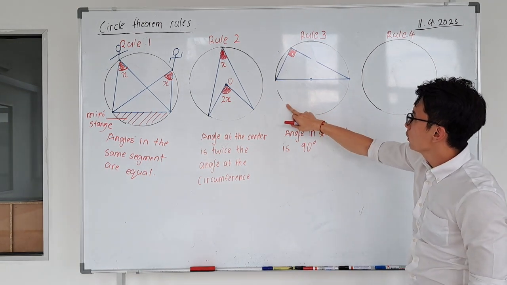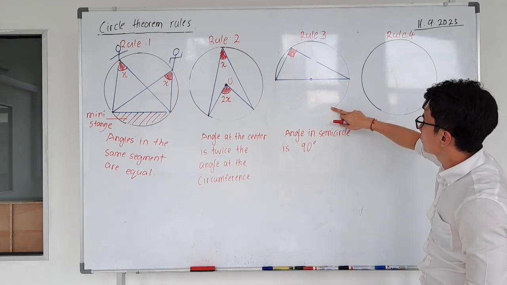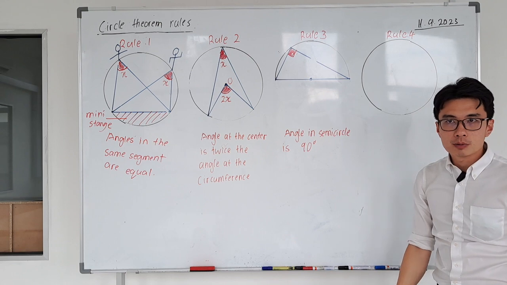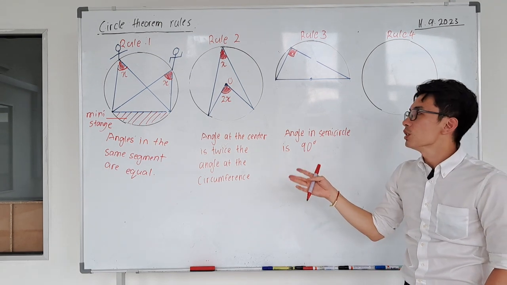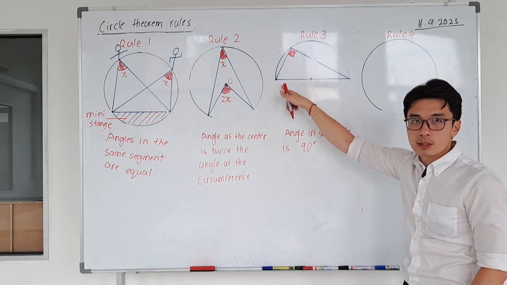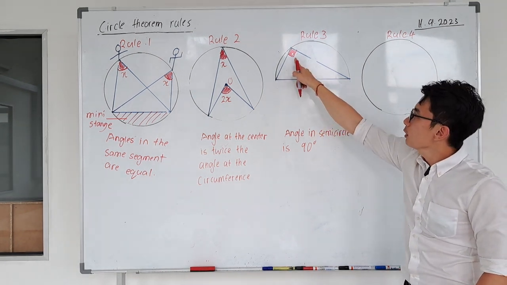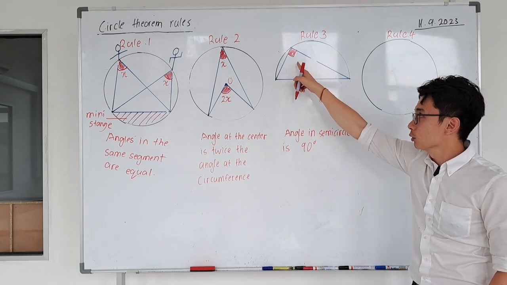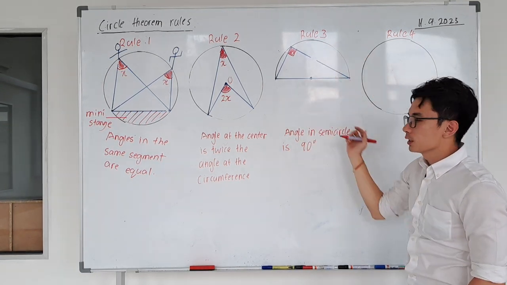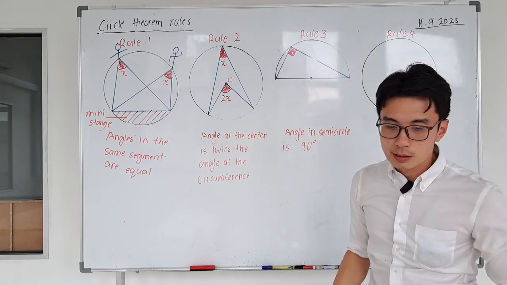So in other words, if we were to remove the other parts, we actually get a semicircle, because to draw a semicircle, we have to divide the circle by half, and the only way to do so is by drawing a diameter. So this angle is created by this semicircle. Alright, so angle in a semicircle is 90 degrees.